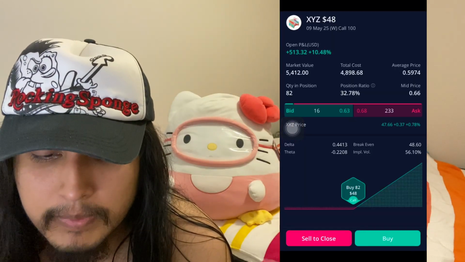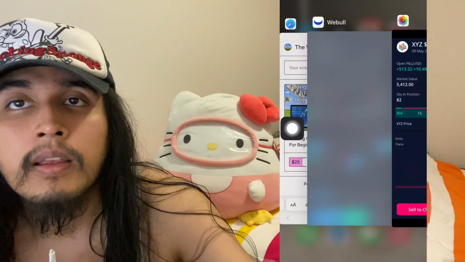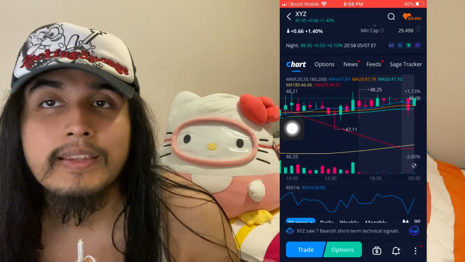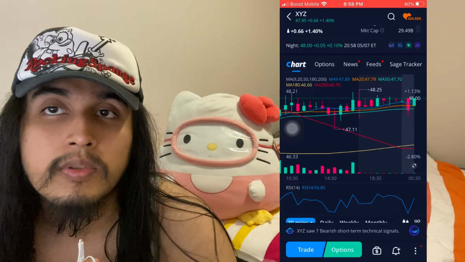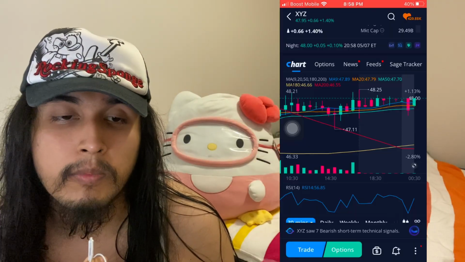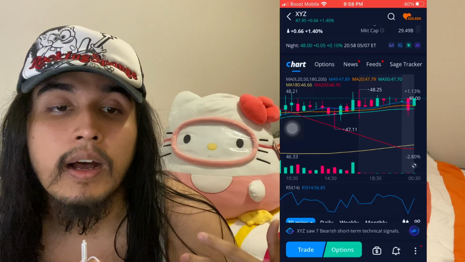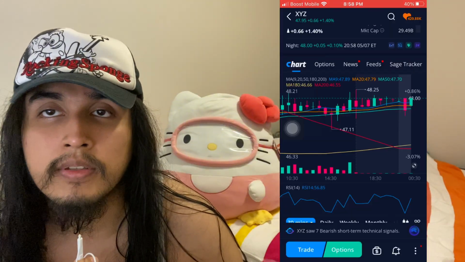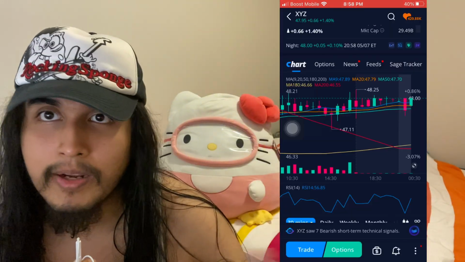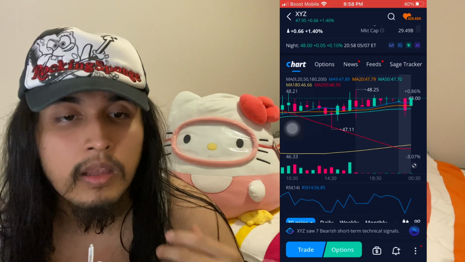So it's basically what I've been telling you guys, right? Try to use the moving averages as your support or resistance levels, or try to use your moving averages as indicators as entry points, whether you're playing calls or puts. This is a prime example, like I just showed you guys, right?